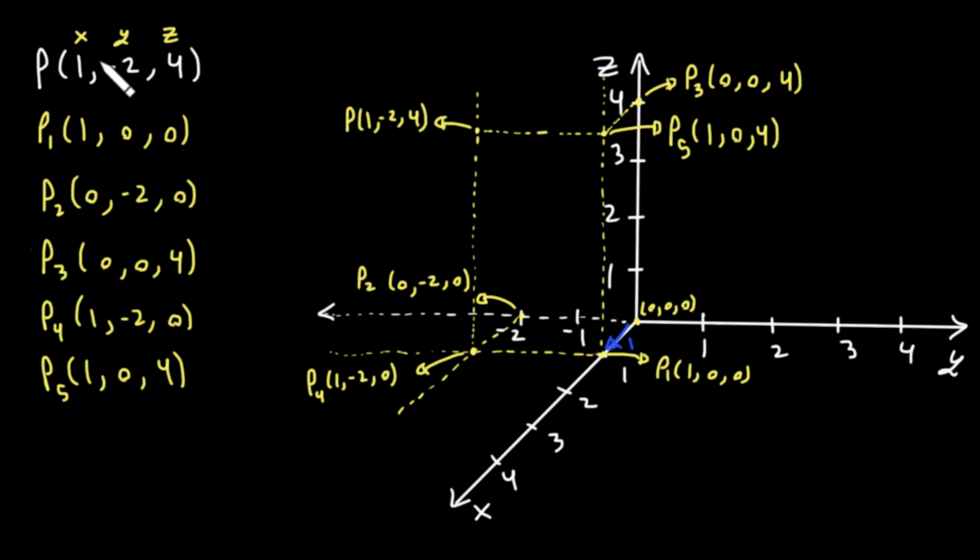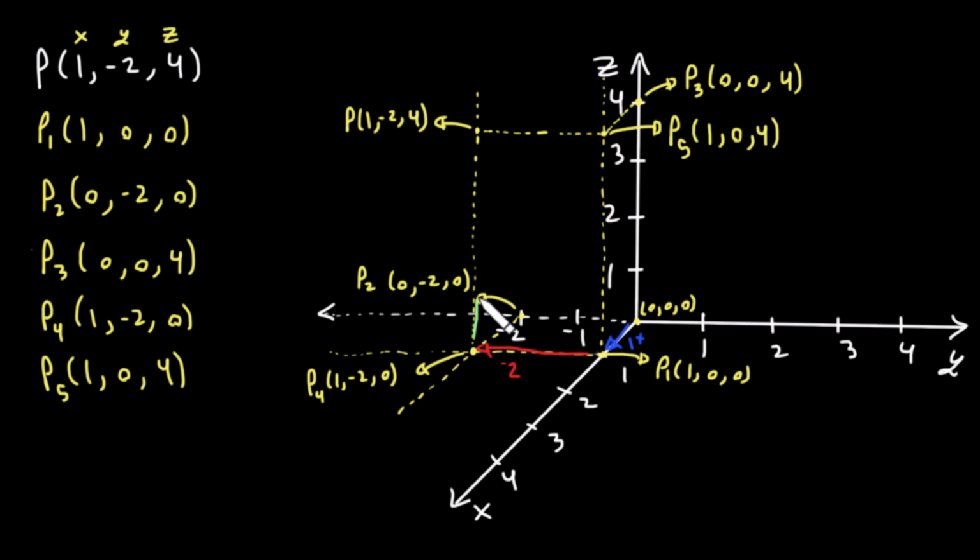Again, to plot this point, we start from the origin. We moved 1 unit along x direction, of course in the positive direction, and from this point we moved backward 2 units parallel to y-axis in the negative direction. And from this point we go up 4 units. Let's change the color.